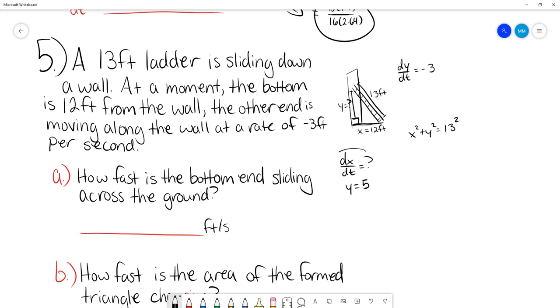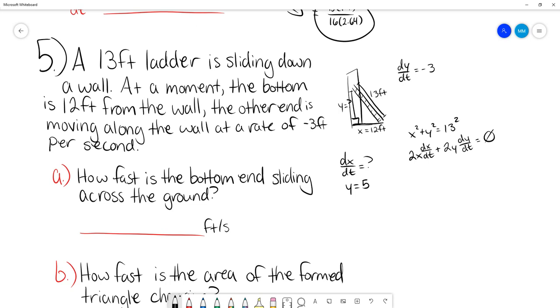Well, if we want to find what dx dt is, I've got an x right here, so why don't I just implicitly differentiate this? We're taking it with respect to t, so it's going to be 2x dx dt, plus 2y dy dt equals, and 13 squared is just 169, and the derivative of that is 0 because it is a constant.